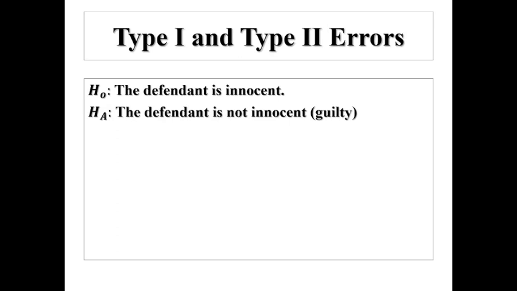He or she is guilty, right? This is very important. The jury wants to investigate whether the defendant is guilty or not. Does the jury want to collect the data to prove the defendant is innocent?